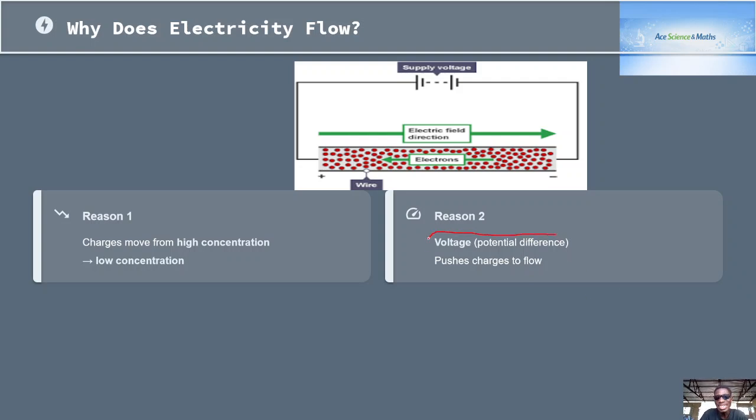Before an electric current will flow, there should be a movement between two points. There should be a flow from a higher concentration to a lower concentration. If there is nothing like this, electrons will never flow.